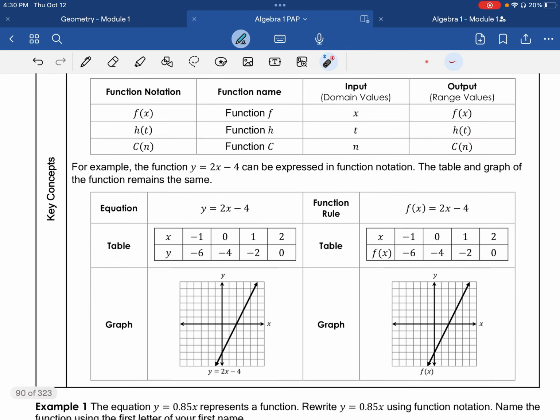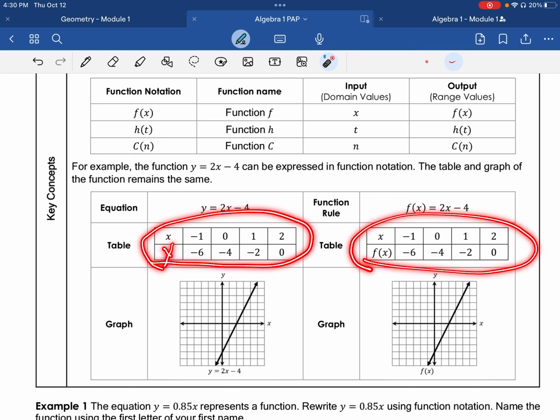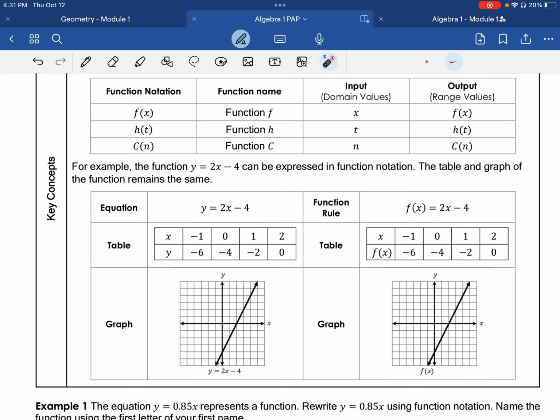For example, we have a function called y equals 2x minus 4. It can be expressed in function notation as well. What I want you to notice is really the only thing that's changing here in the table is that the variable y is changing to the f of x function notation. Same thing with the graph. Notice the only thing changing is the way that I name my function.